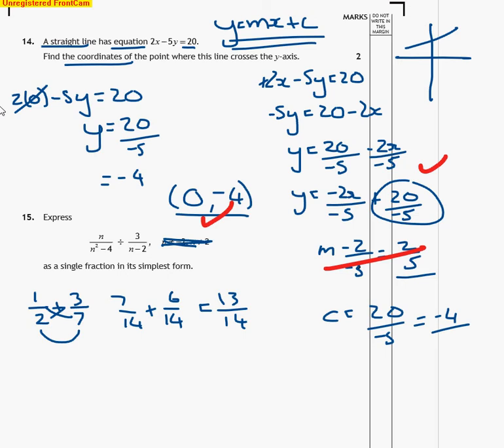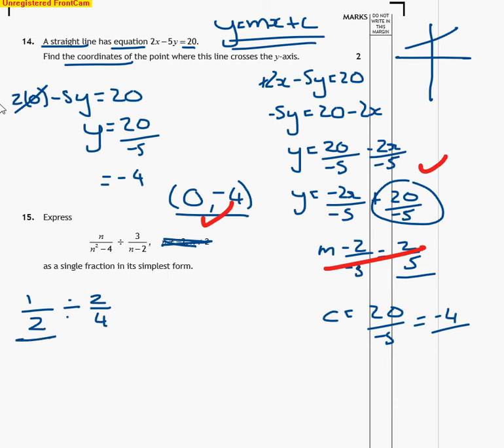Okay, this question is a divide question. Can we remember what divide is? Keep, flip, change, KFC. Say I've got a half divided by 2 over 4. I keep this the same, but I'm going to flip this round, so that's going to become 4 over 2.